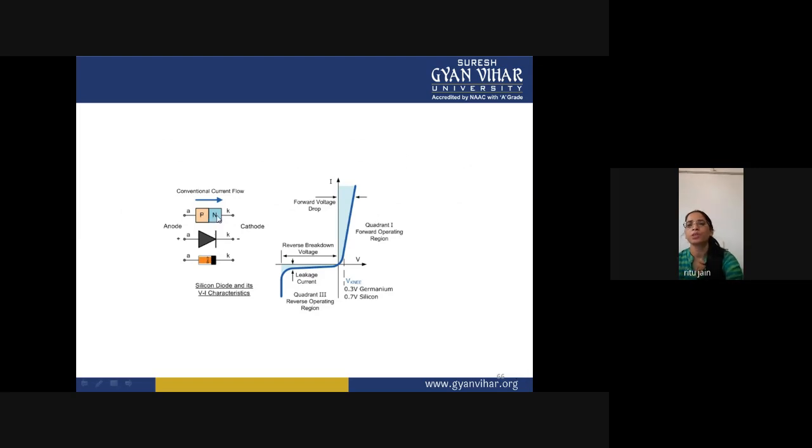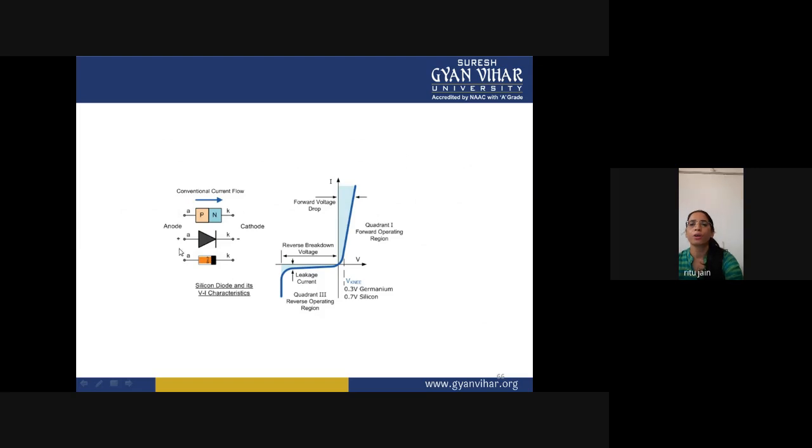This is your PN junction, and the P terminal is called the anode, which is positive, and the K terminal, which is negative, is called the cathode. In the symbol of the diode, the positive terminal is always represented by the arrow, and the negative terminal is always represented by the bar. So this is your diode.